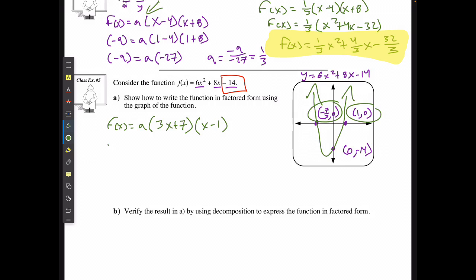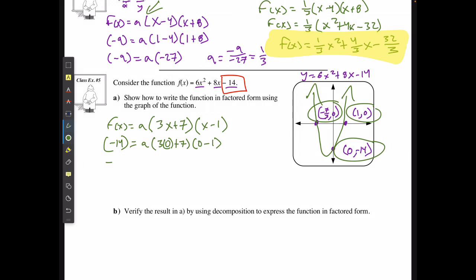Or f of x is suddenly going to become, from this coordinate, negative 14, and the x's are both going to become 0. 3 times 0 plus 7 and 0 minus 1.